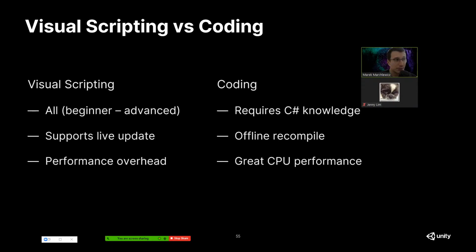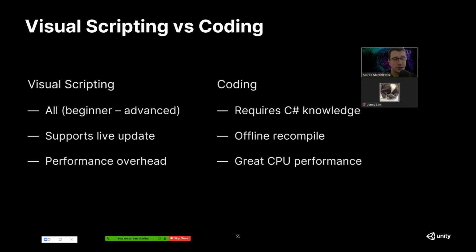One question that appeared in the chat quite frequently was the performance overhead. So with any sort of visual scripting solution, you are going to see a CPU performance overhead. So for performance-critical code, like maybe iterating over a loop where you have hundreds or thousands of objects, it's always better to use a C# script instead of the visual script.